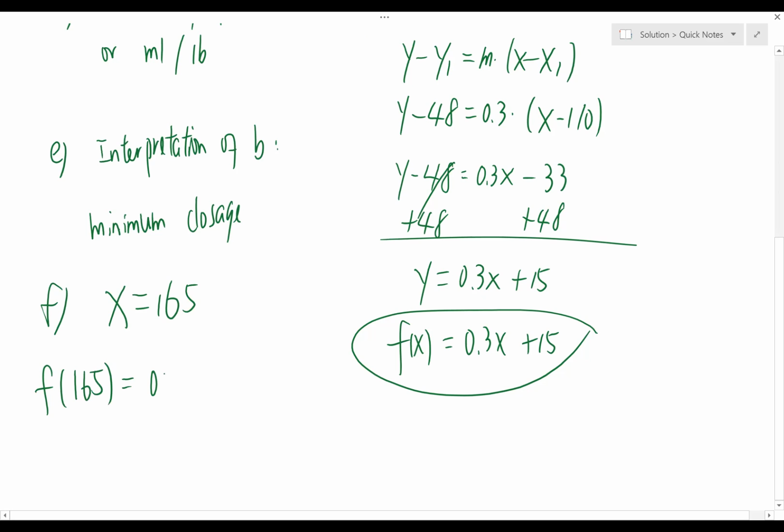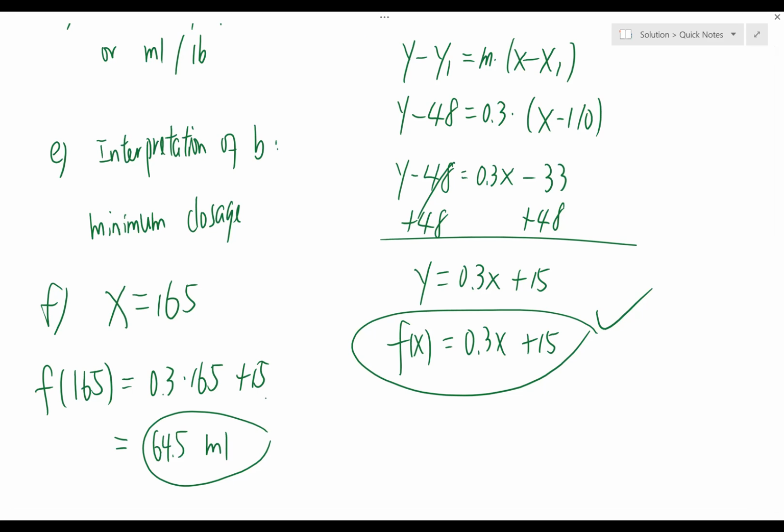That means it's 0.3 times 165, adding 15. That turned out to be 64.5 milliliters. So the dosage needed for this 165-pound patient is 64.5 milliliters.